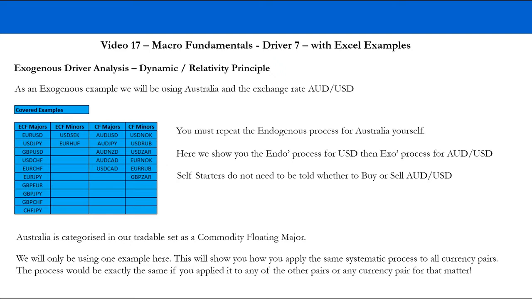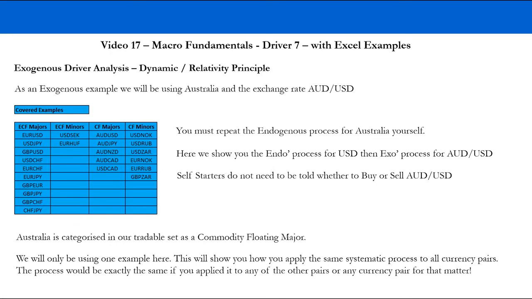And Australia, the Australian dollar, is categorized in our tradable set as a commodity floating major. And we're only going to be using one example here. What this will show you is how you apply the systematic process to all of these currency pairs. So you can go through and do an endogenous analysis for all the economic areas and countries that are in our tradable set, and then when comparing them with each other, do an exogenous analysis.